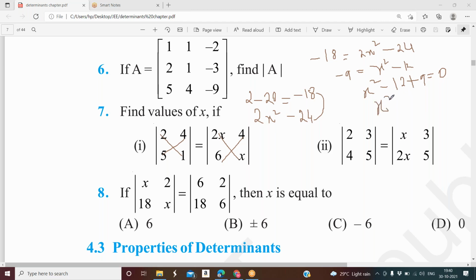What is minus 12 plus 9? It is minus 3. So x square minus 3 equal to 0, which implies x square is 3. So x equal to plus or minus root 3. I will get two values for x: one is plus root 3, another one is minus root 3.